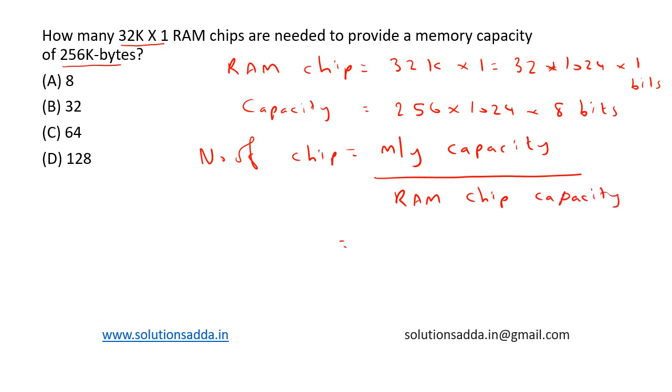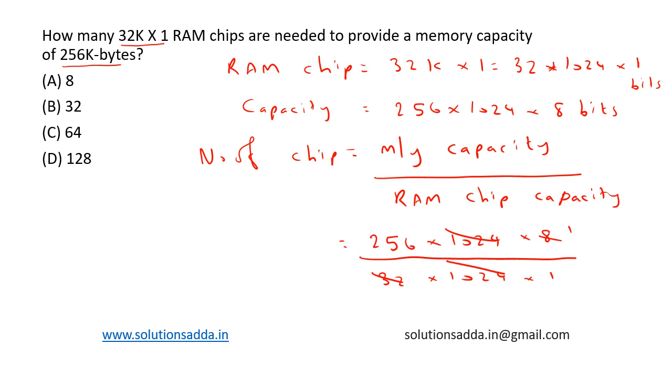This is equal to 256 into 1024 into 8 divided by 32 into 1024 into 1. So this and this get cut short. 32 and 8, it becomes 1, and this becomes 4. 4 and 256, it goes 64. This will be 64. So we need 64 RAM chips, and the correct option is option C, 64.